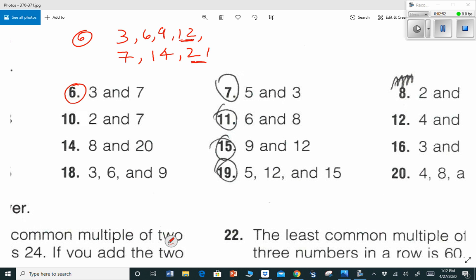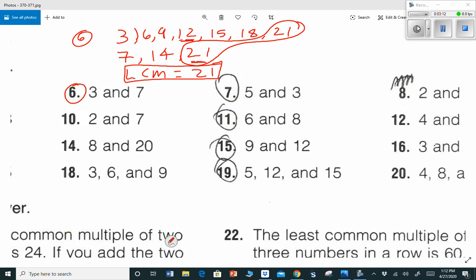So continue to count by 3s here, 15, 18, 21. There you go. 21 is the smallest or least number that appears in both lists. So the LCM for 3 and 7 is 21. Notice what happened again. It ended up being 3 times 7. It doesn't happen that way all the time, but that's the most it could possibly be.